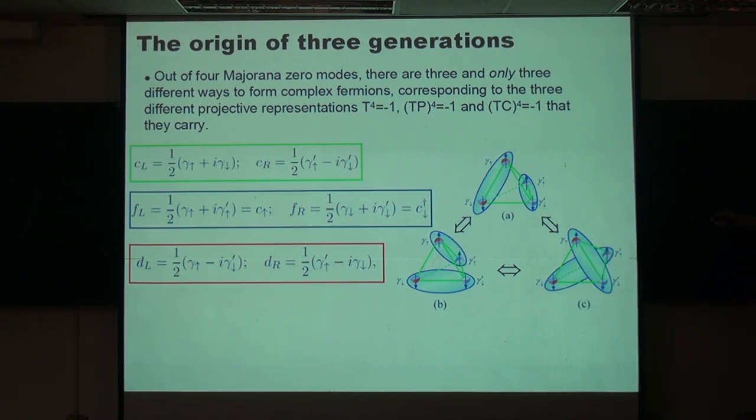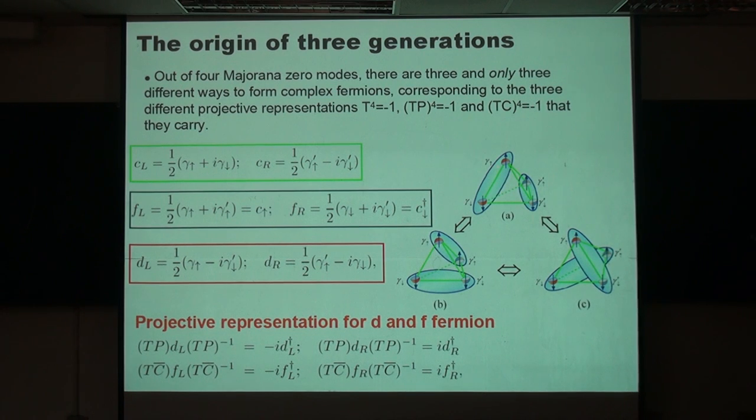They must be attached by some string, which may be strongly fluctuating at the cutoff scale. So in the end, you can have 3 different ways to define this complex fermion basis. And once we specify this complex fermion basis, this Majorana field is completely the same as the usual Weyl fields. So we can define 3 different kinds of Weyl fermion fields.